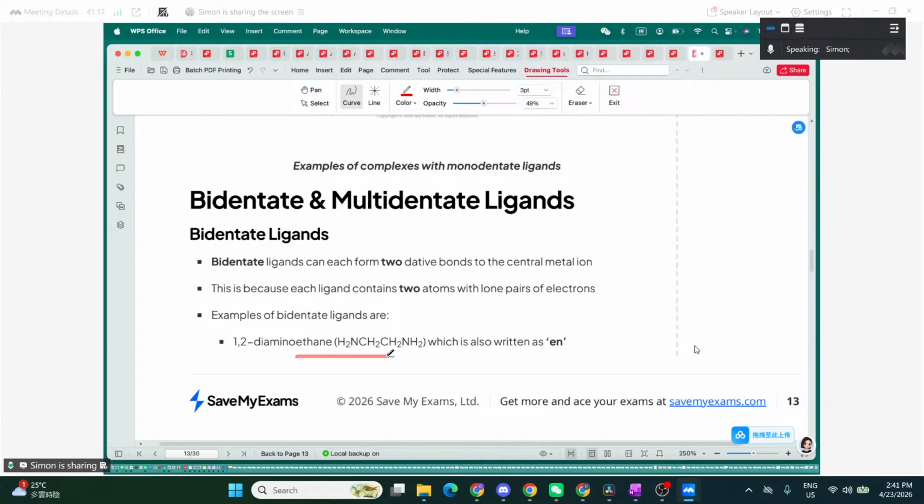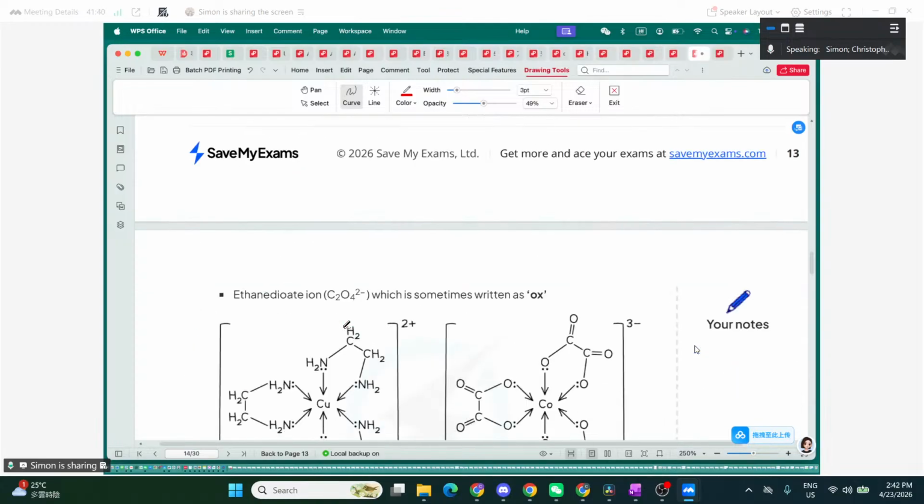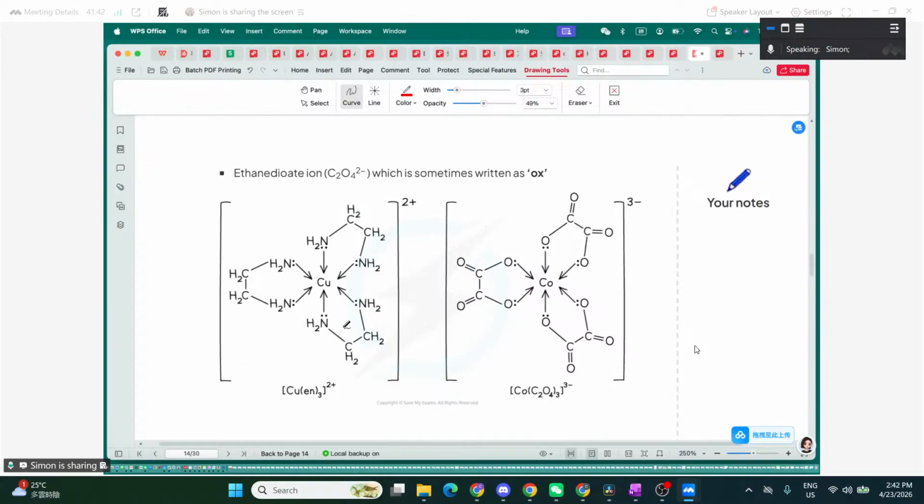Use this example and tell me why there are two dative bonds and why it contains two atoms with one pair of electrons each. Because there are two nitrogen atoms. No problem, like this graph.